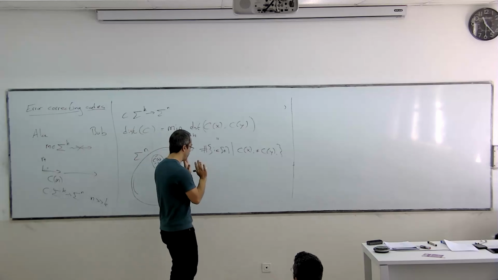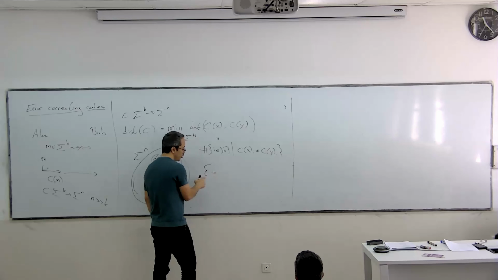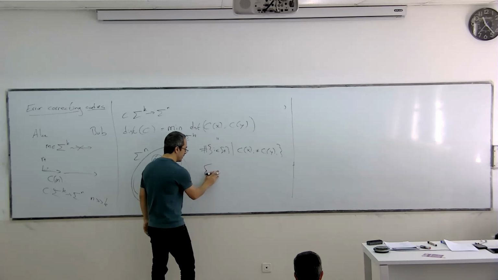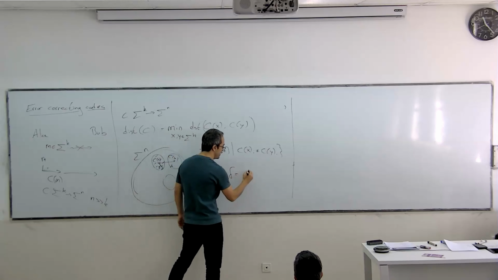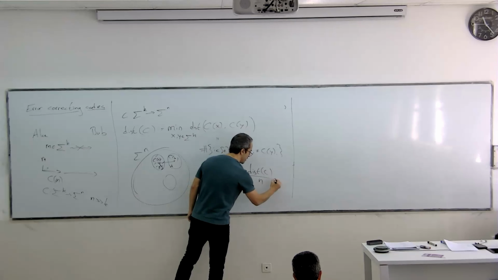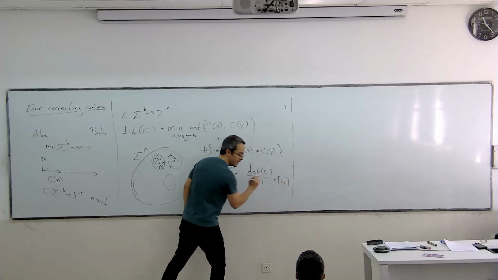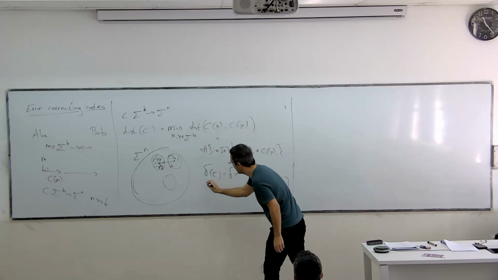So the way we formalize it is as follows. Let's denote by delta the distance of the code. The code will always be clear from the context. Delta is the distance, but let's divide it by n, so it will be a number in [0,1], just to normalize it. This is called the relative distance.